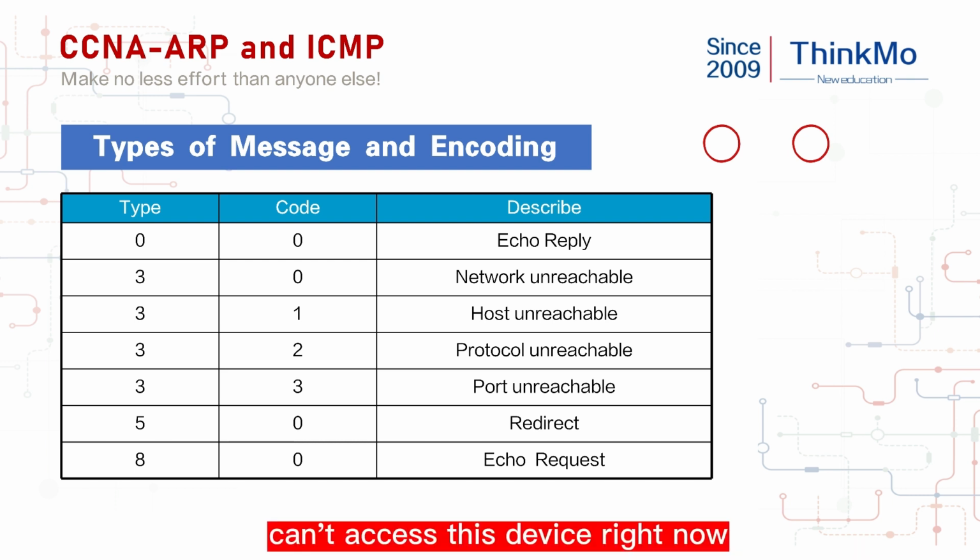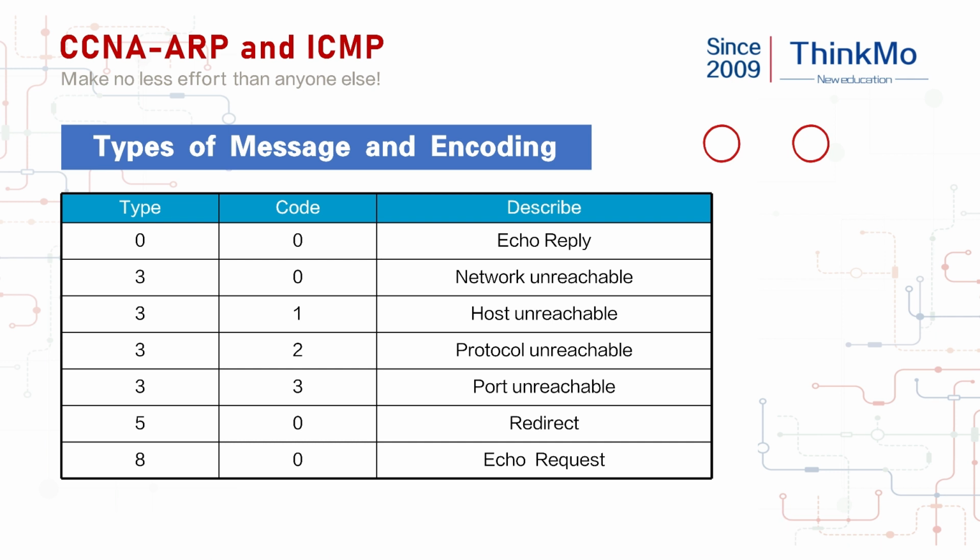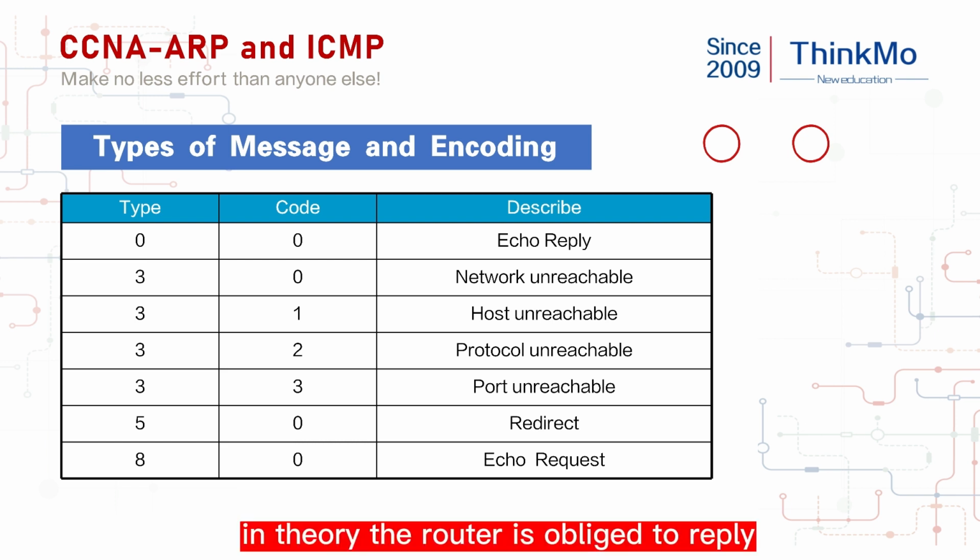It can't access this device right now. Policies may have been made on this device, such as a call performed under the interface. When the data packet arrives here, it is intercepted. In theory, the router is obliged to reply with an unreachable message.